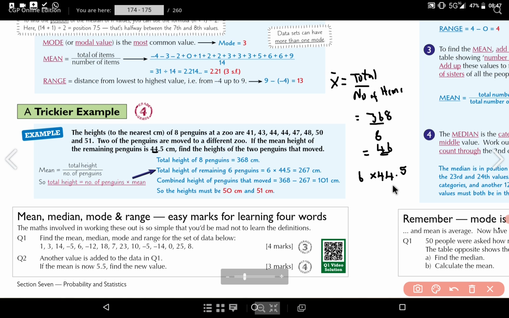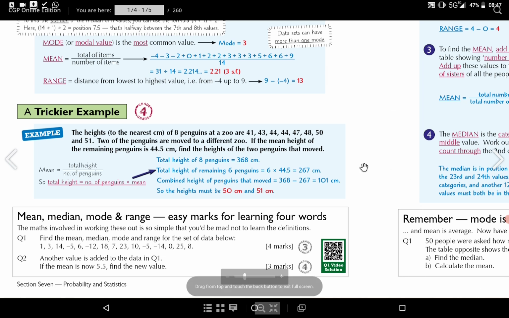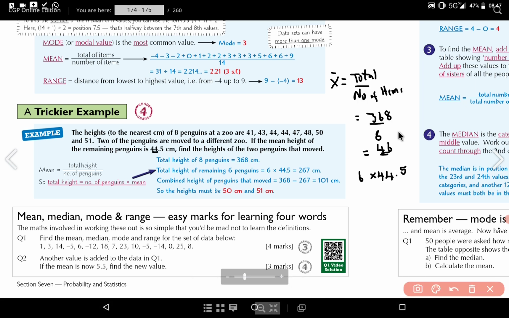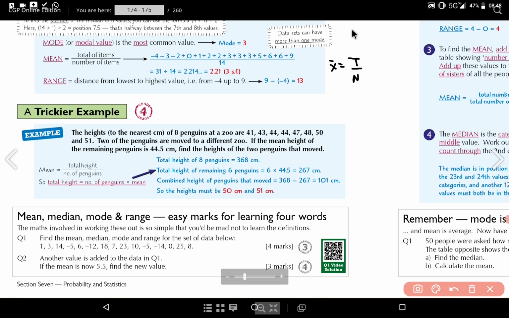So what we are basically doing, to put it in simple terms, is this. Understanding that mean is equal to total, or just write T, over number of items, or write N. We are told that we had 8 penguins, but if they remove 2 penguins, we remain with 6 penguins.